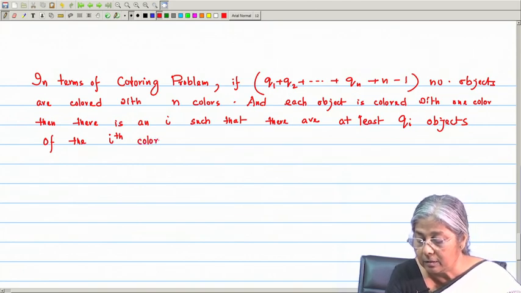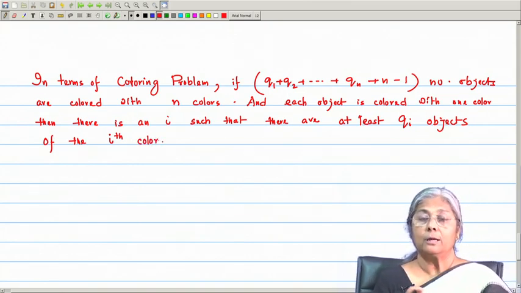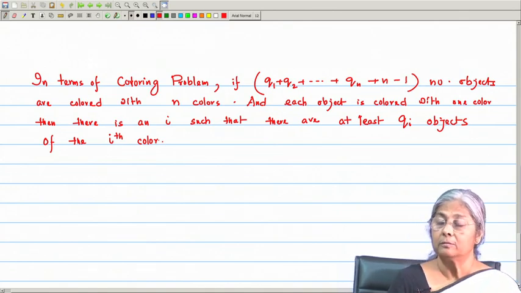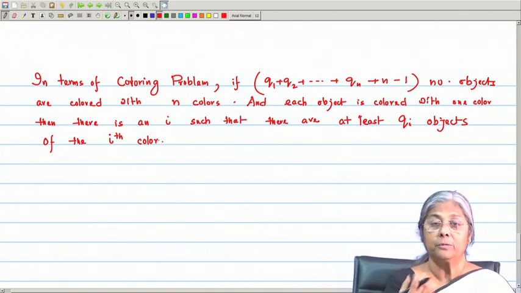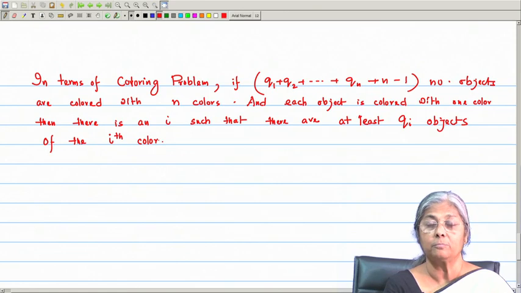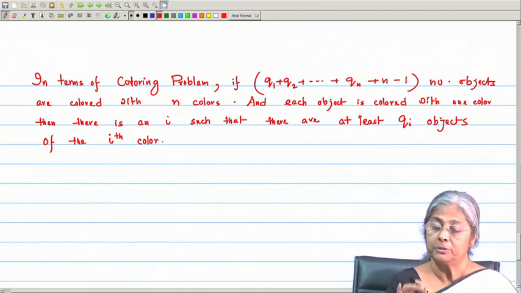So, in any coloring problem, when we have to find the minimum number of colors required, we can apply our pigeonhole principle.